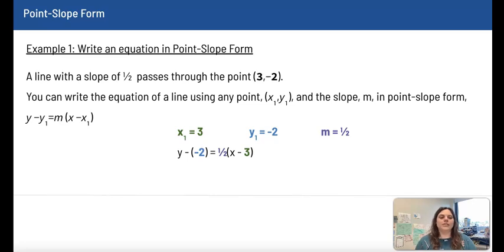We do one last little cleaning up. Minus a negative number is really just adding. So we change that left side to y plus 2 equals 1/2 times (x minus 3). Again, we identify what is x, what is y, and what is the slope, and we simply plug those in to their correct spots.